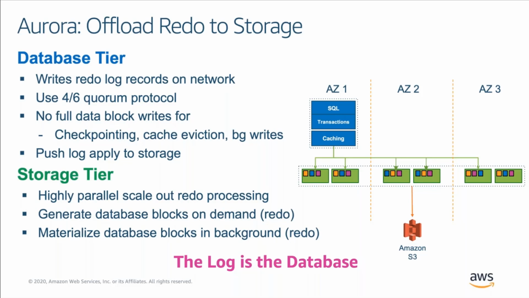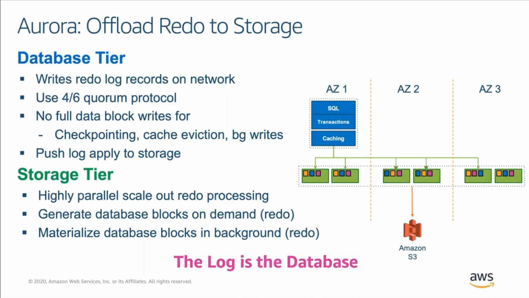Among other things, this allows the storage service to generate database blocks on demand, and also in the background to continuously materialize database blocks. So in this architecture, if a database node needs a block that's not in its buffer cache, it goes to the storage tier and fetches the block from there, where the storage tier can generate the block on demand if it's not already materialized. From the database perspective, this means the log really is the database. How and where the blocks are materialized are no longer all that relevant to the database.